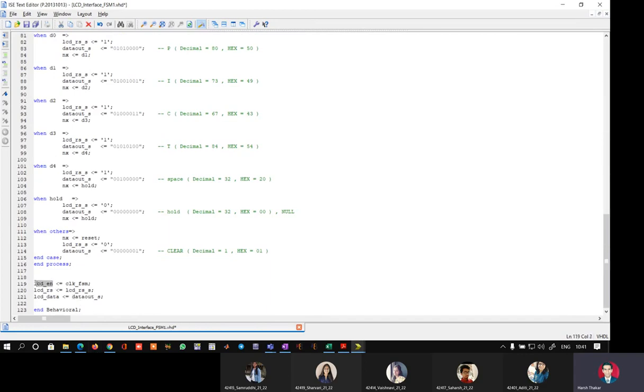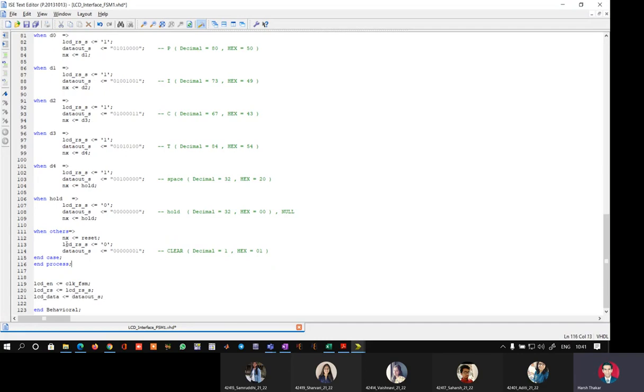So the enable pin of the LCD display is getting the 183 hertz clock. The RS input of the LCD display is getting the LCD_RS_S dummy signal, and the data inputs data 0 to data 7 of the display are getting data_out_s.